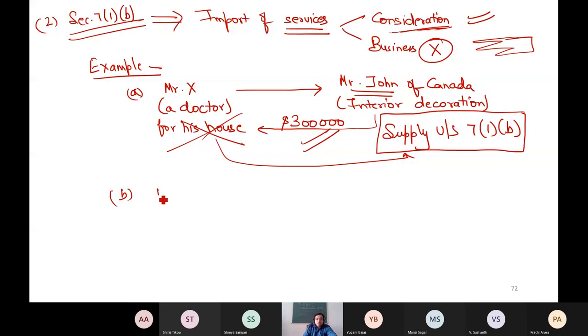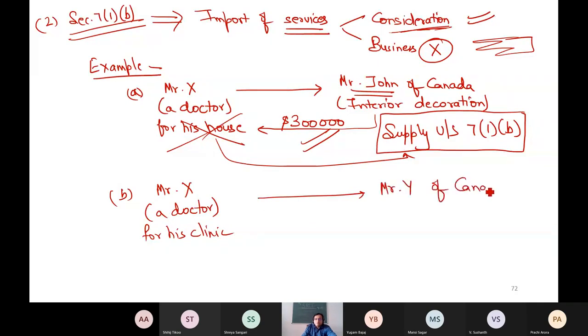In the same example, if Mr. X, a doctor, avails designing services for his clinic, for business, from Mr. Y, who is in Canada and is also an expert in interior designing.